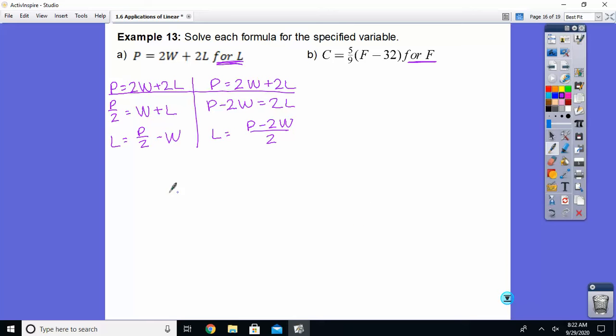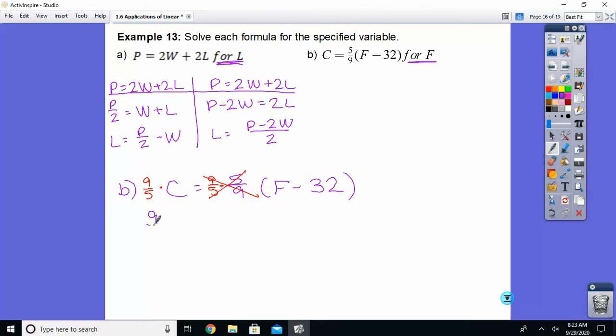All right, part B. I'm just going to come down here so I've got more space. If you have that 5/9 multiplied, we could divide by 5/9, but that's the same as multiplying by what? 9/5. So why don't we start just by multiplying by the reciprocal? That would cancel this part out.